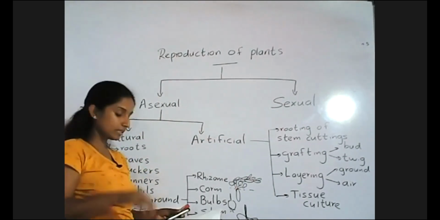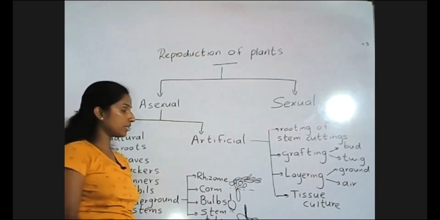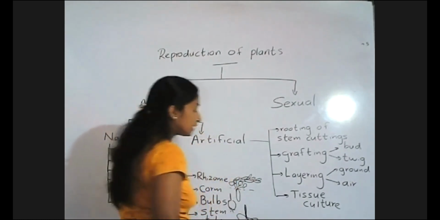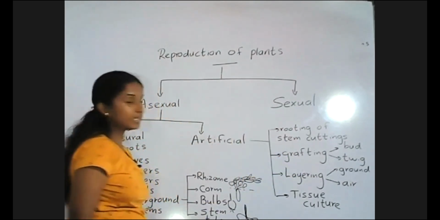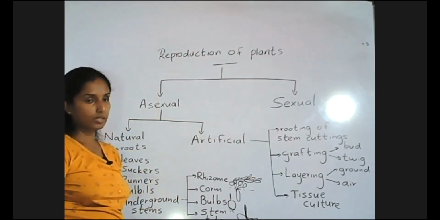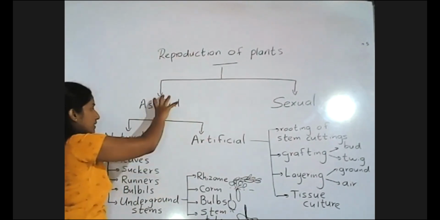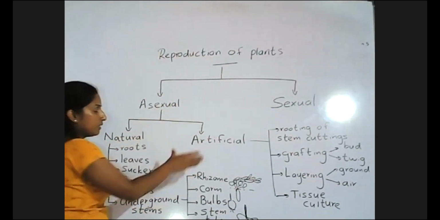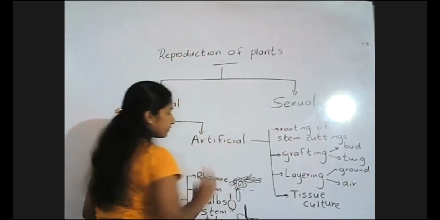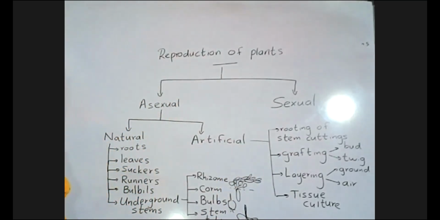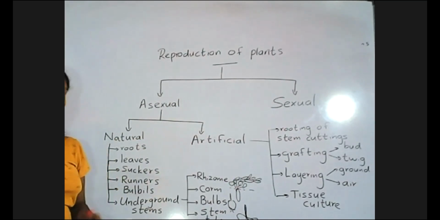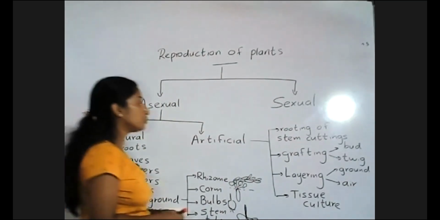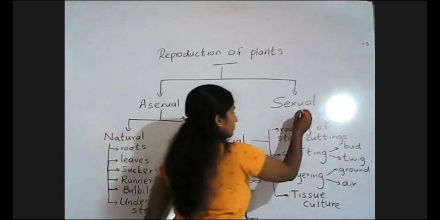Most probably it is done inside labs. It is somewhat a developed method, but these three we can do very easily. If the natural asexual method is not occurring, we have to use these artificial asexual methods to get the next generation.